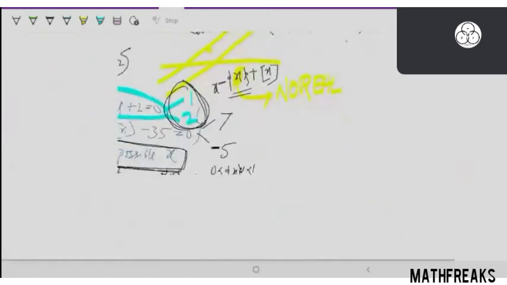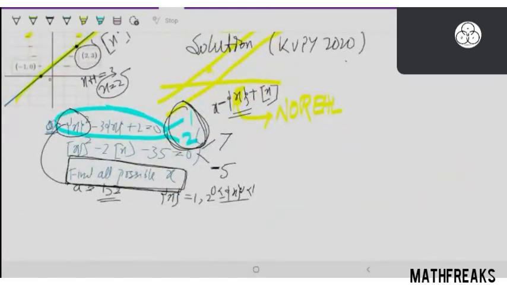So x will have no real solution. Okay. Now let me give you a good question.